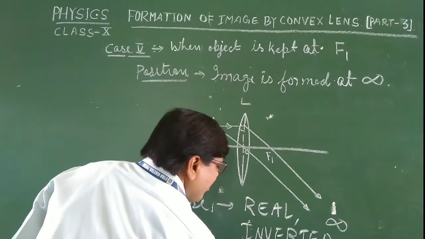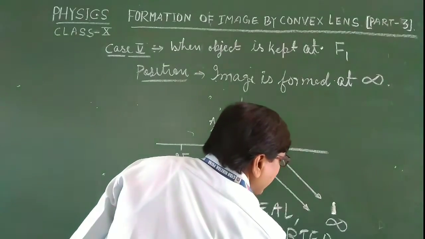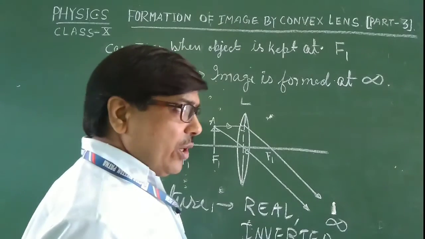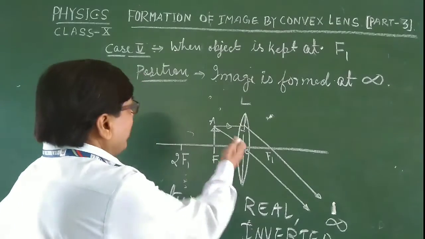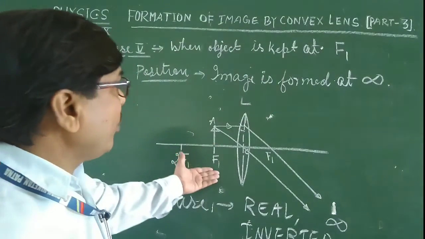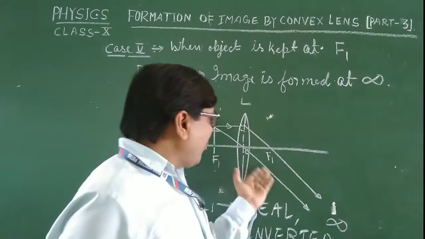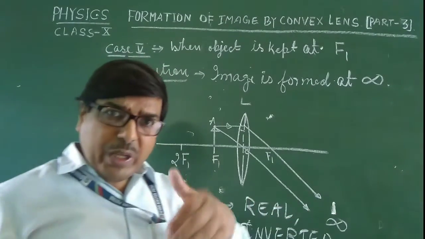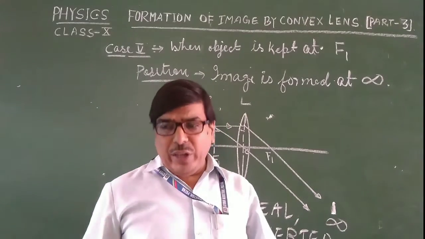A very large image is formed at infinity, beyond our eyesight. So this is the formation of image when the object is kept at focus. After refraction the rays do not intersect, so we assume the image is at infinity.